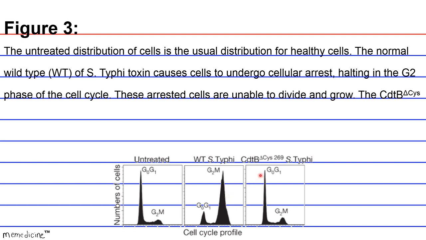The CdtB altered cysteine 269 version of the toxin has a missing disulfide bond. And here we see the cell cycle of the CdtB altered cysteine 269 version has a similar cell cycle to a normal distribution of healthy cells. Okay. All right.